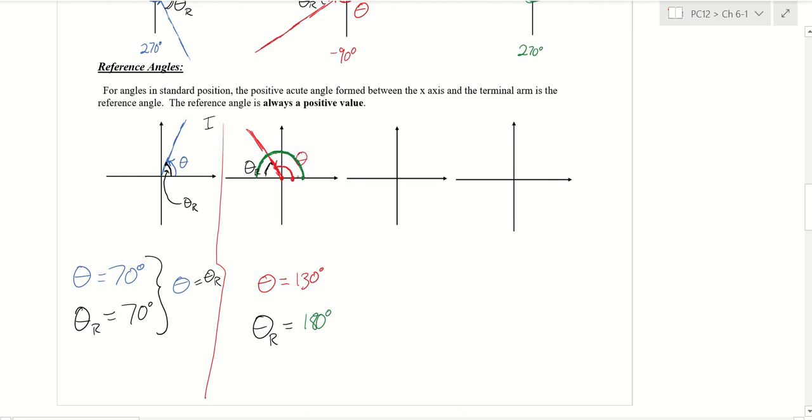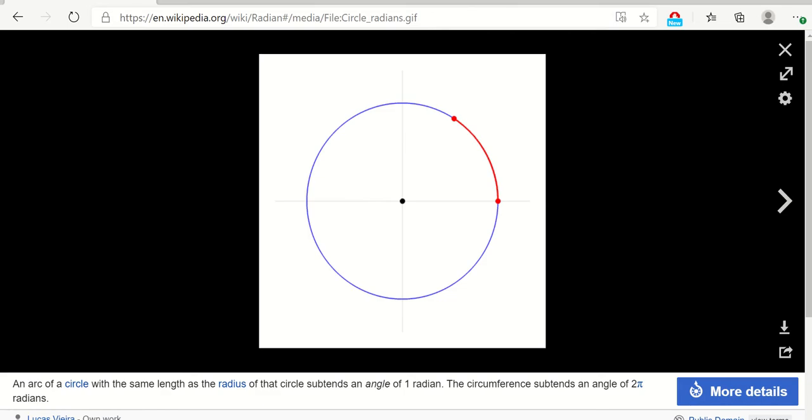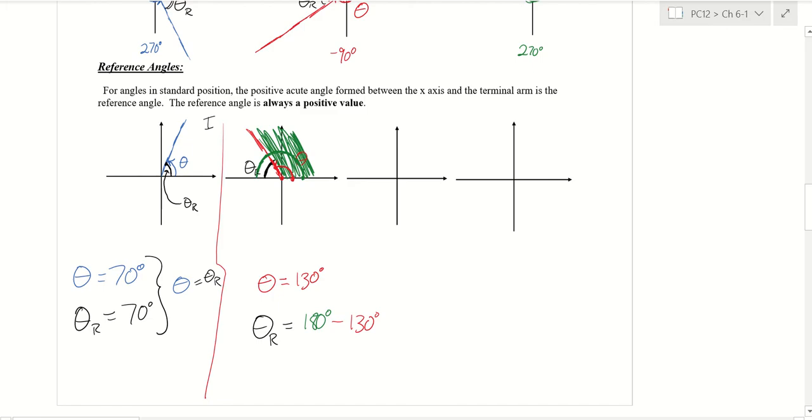We're really just left with this angle in black, this reference angle. That's all that we're really left with. So again, let's do this more algebraically. If we subtract our angle in standard position, 130 degrees, we should get our reference angle. So this is our reference angle. It is 50 degrees in this particular case.